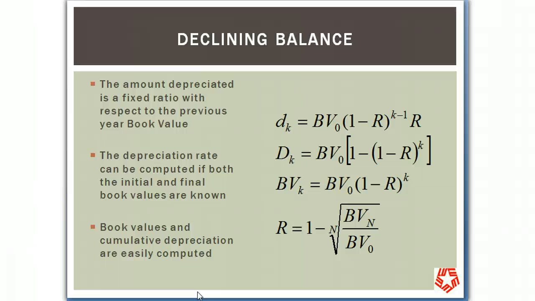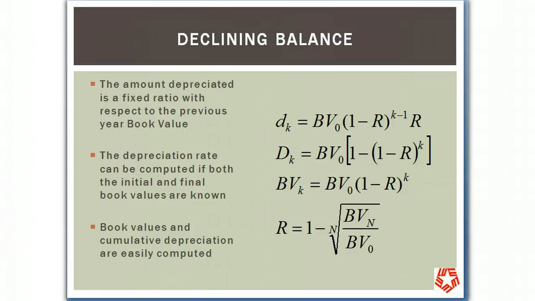Then you have the initial value and the salvage value, which would be the book value at time n, and you can use those quantities to compute the rate R at which you're going to depreciate your items. So this method requires a non-zero salvage value.